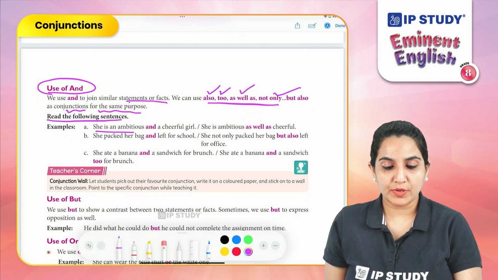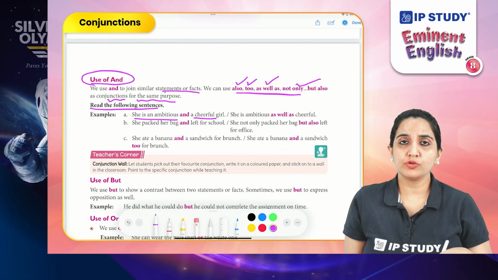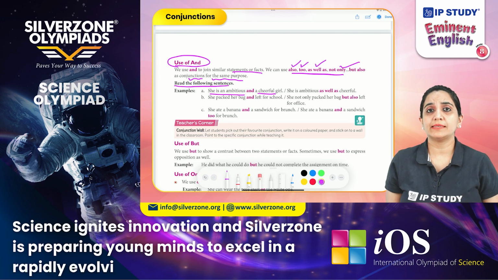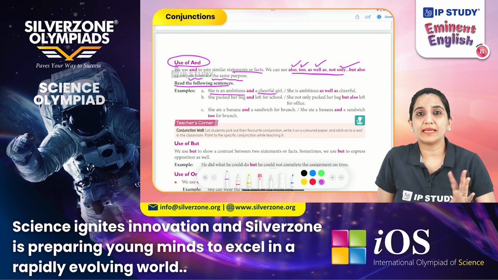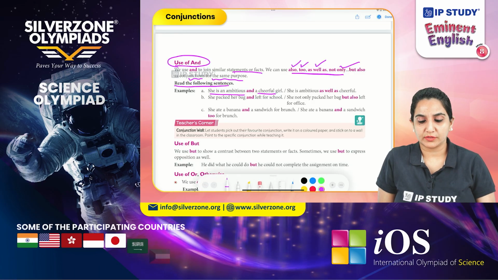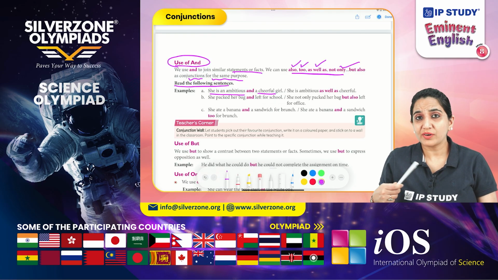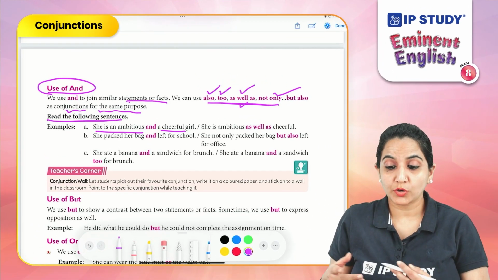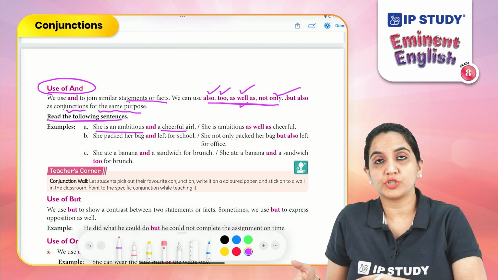She is an ambitious and a cheerful girl. Now we are talking about both the words or both the phrases. They have the same meaning, that means they are like synonyms of each other. She is ambitious as well as cheerful. Alternatively, you can also use the conjunction as well as, or not only but also. She is not only ambitious but also cheerful.